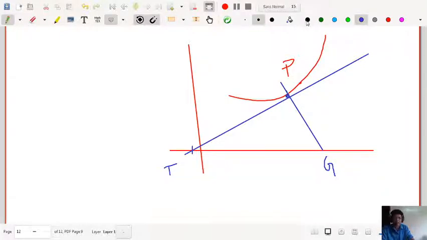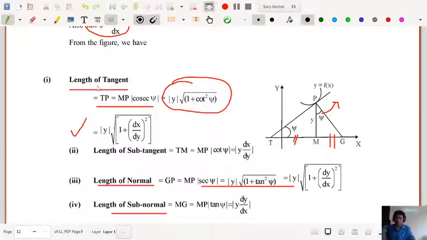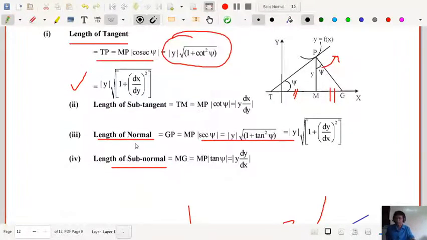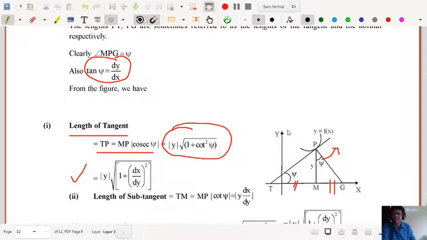Again draw a perpendicular from P to the x-axis, this point is M; TM is the subtangent and MG is the subnormal. These are the calculations of length of subtangent, subnormal, normal and tangent. So this is your whole scenario of tangent and normal.